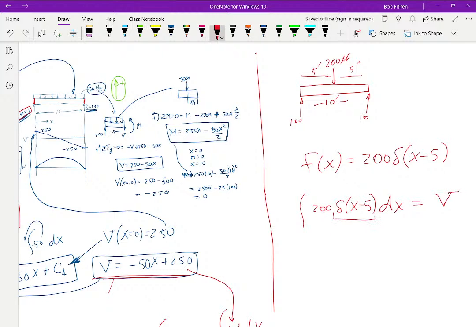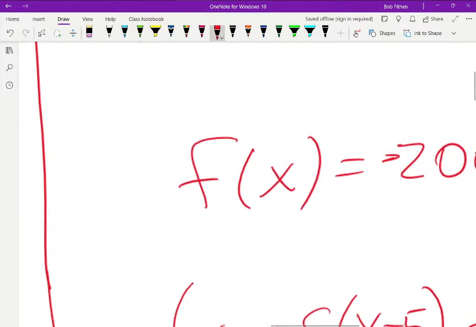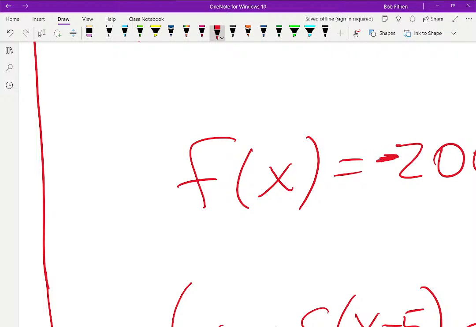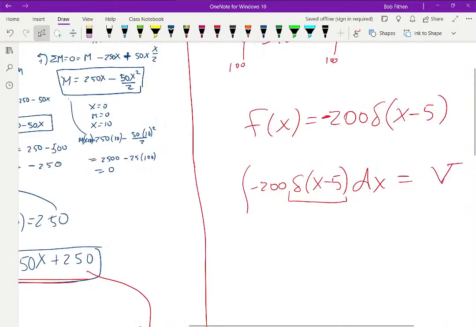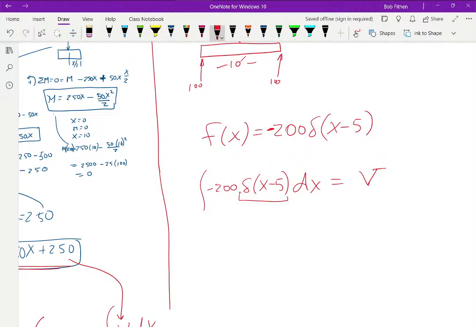So how do you integrate this silly thing? Well, I have to realize, again, this is a minus and a minus. So that's a minus number because it's pointing down. So is this.